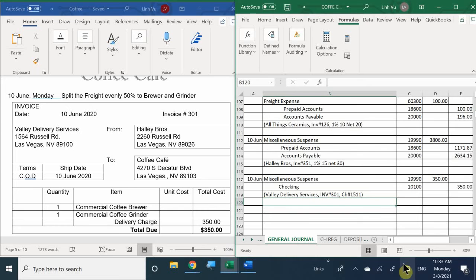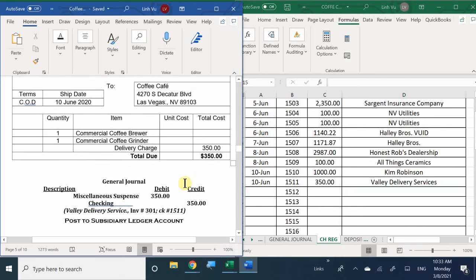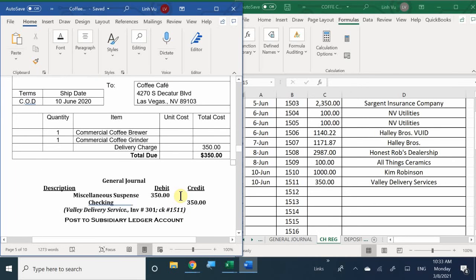1512. Yeah, it says 1512. It's 1511. Then what was 1511? We didn't have a 1511 yet. Because in my books, or my scenario, it says 1511.